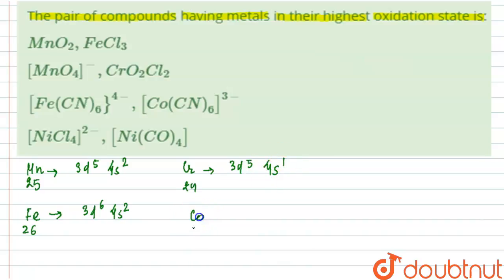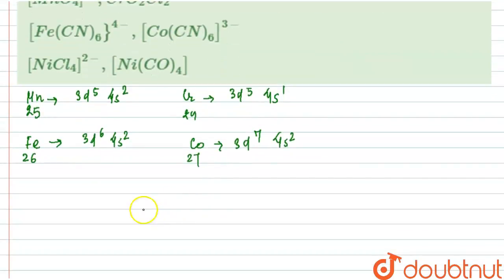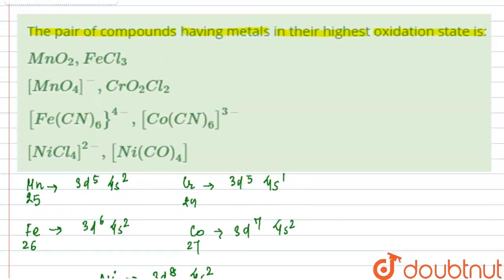Similarly, we have cobalt, with 27 atomic number, and it has the electronic configuration of 3d7 4s2. And the last one that we have here is nickel at 28 atomic number, with the electronic configuration of 3d8 4s2, right?